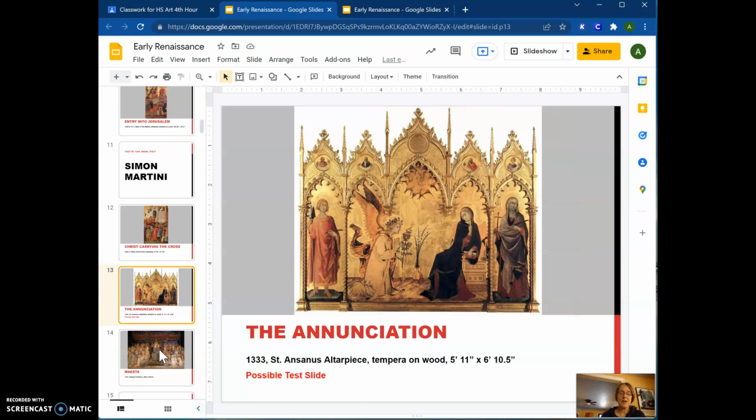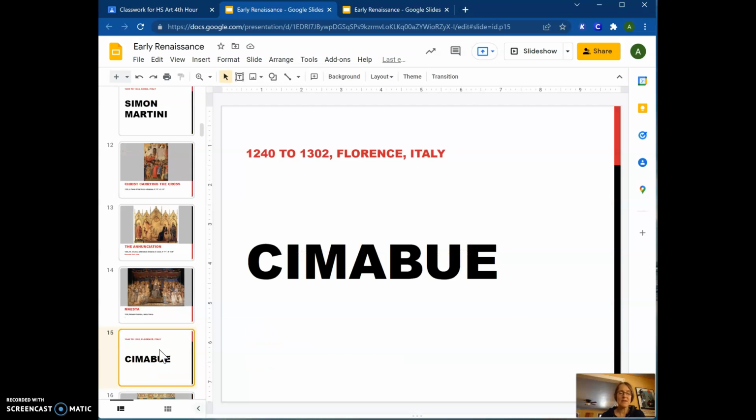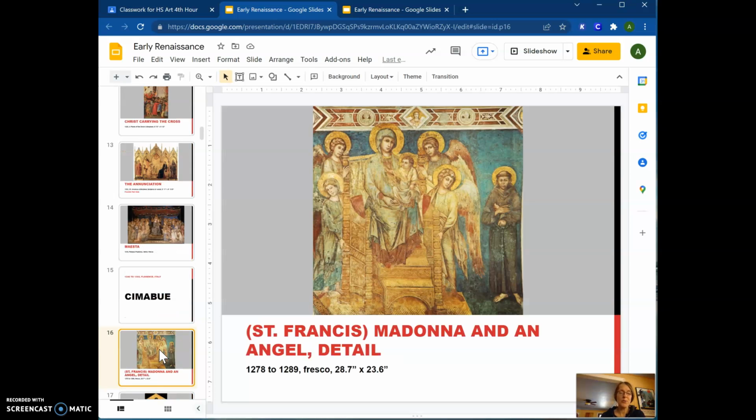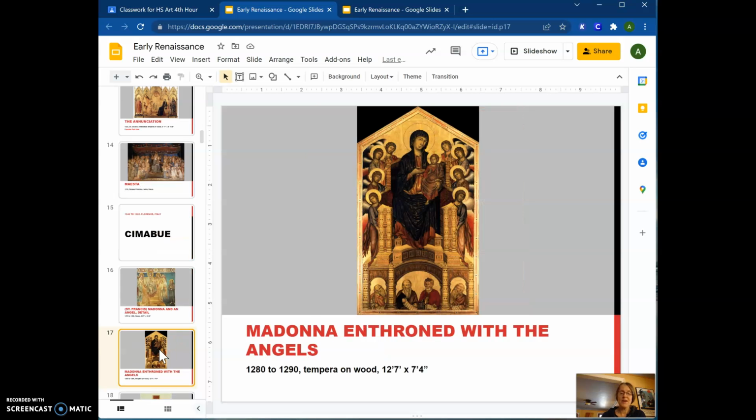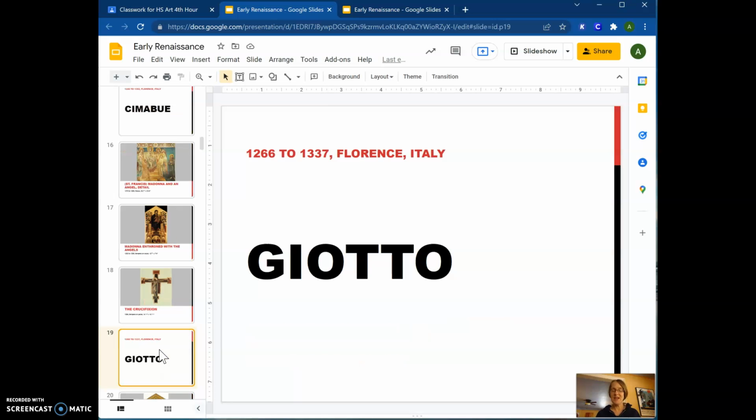This was the first image in the slide study guide that you had to write facts about. We looked at his Maesta, and then we looked at the work of Cimabue, and a fresco that is in Assisi, and the Madonna enthroned, the crucifixion. And today we're going to look at Giotto.